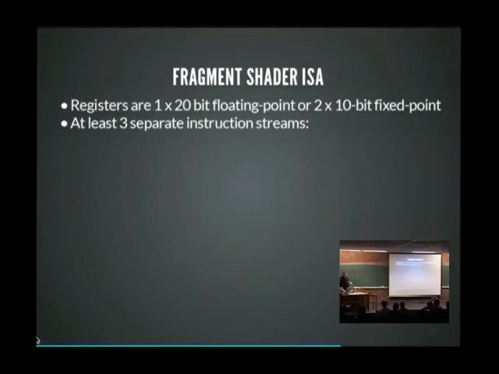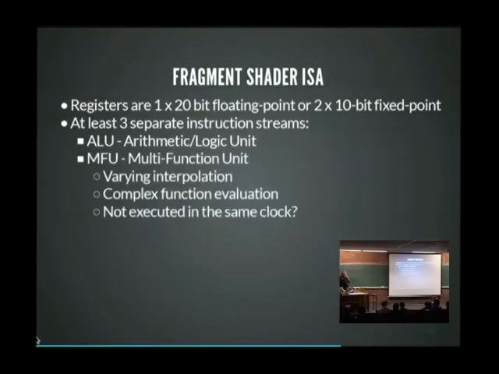So there's the ALU stream, the arithmetic logic unit, and there's the multifunction unit, which does both varying interpolation and complex function evaluation. So it typically interpolates varyings over the triangle, or does sine, cosine, these kinds of things.